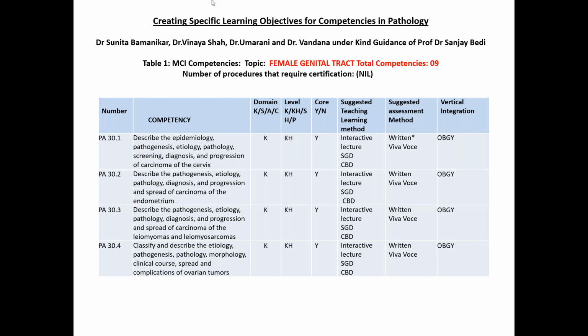The fourth competency, classify and describe the etiology, pathogenesis, pathology, morphology, clinical course, spread, and complications of ovarian tumors. Now, these 4 competencies are all core competencies. And we will go in detail a little later.